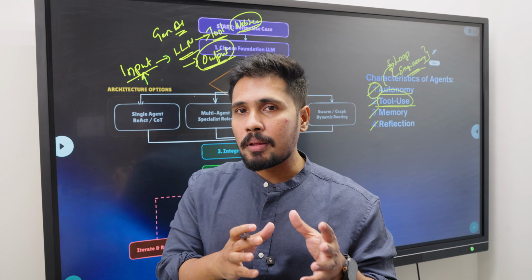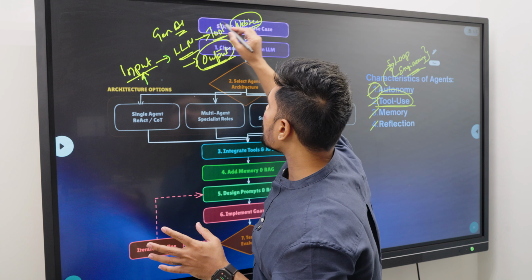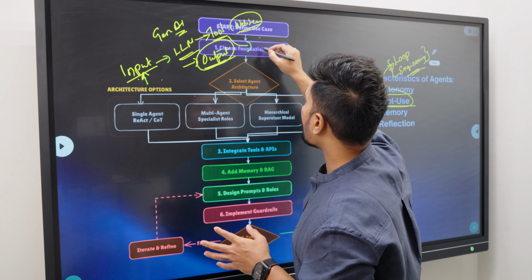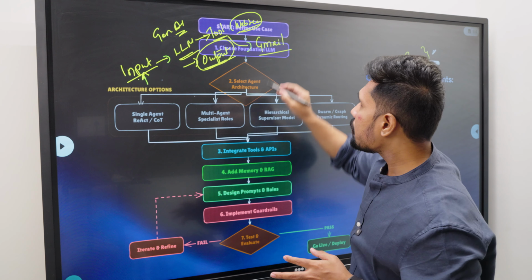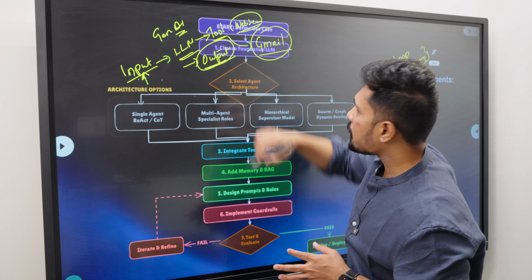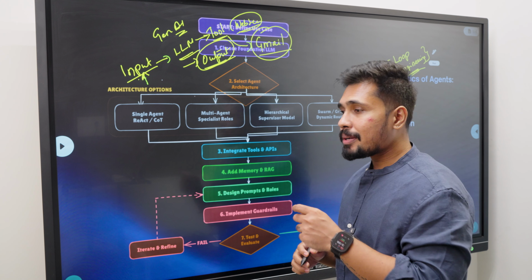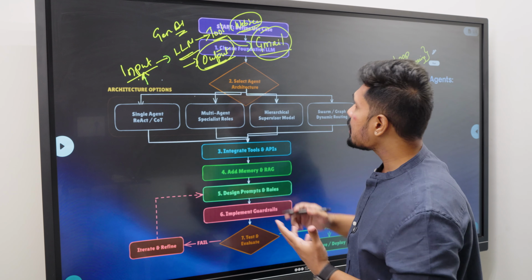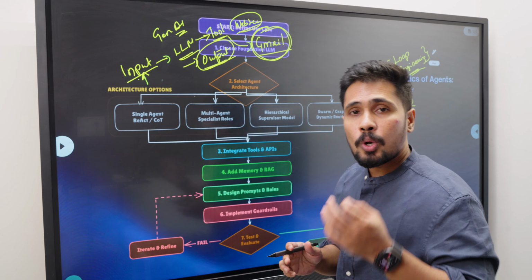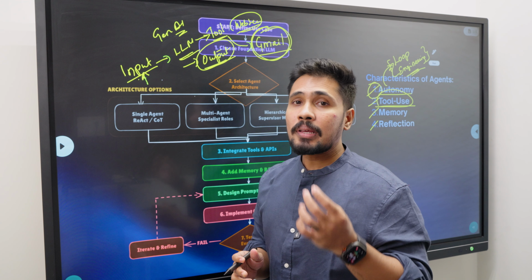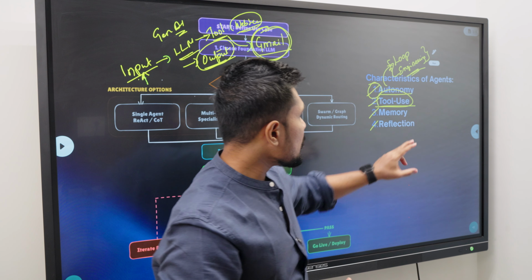Another tool: you connect your LLM model with Gmail. Now it is able to write an email, pull out all the data from Gmail, respond, draft, and even delete certain emails if you want. You are connecting Gmail as a tool, and we call it agentic AI. So the second one is that there needs to be tool use.